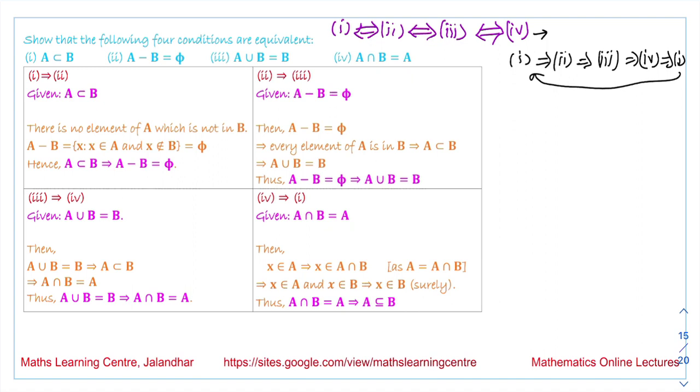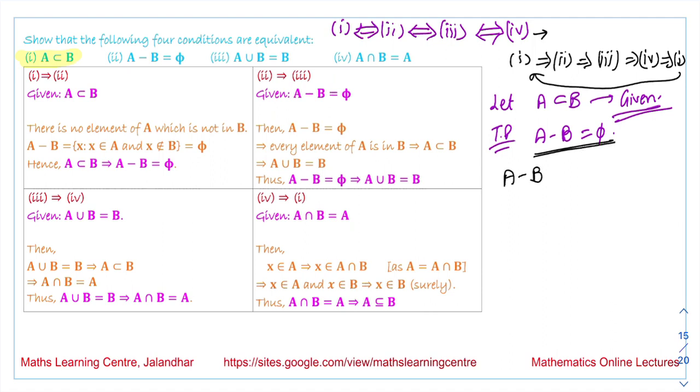First, let A be a subset of B. This is given to us, and we have to prove that A minus B is equal to ϕ. What is A minus B?